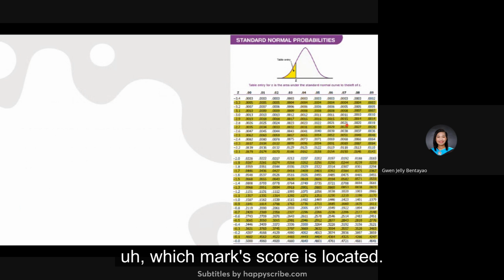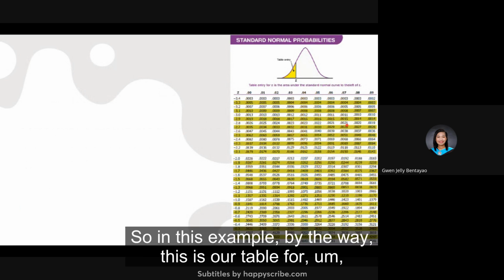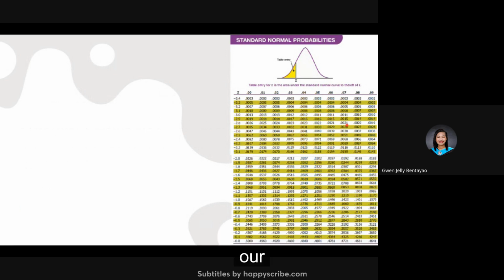Mark's score is located. So in this example, by the way, this is our table, what we call the uniform table of standard normal distribution.